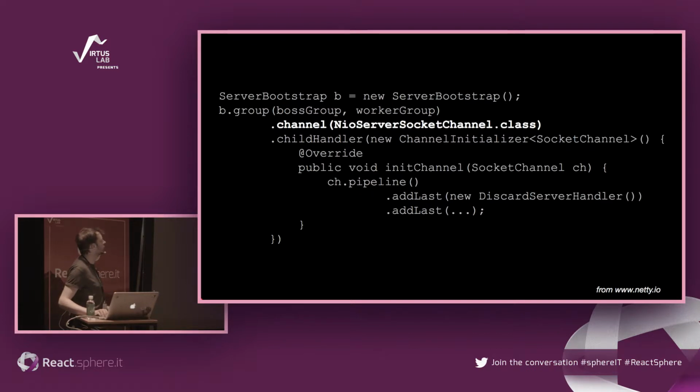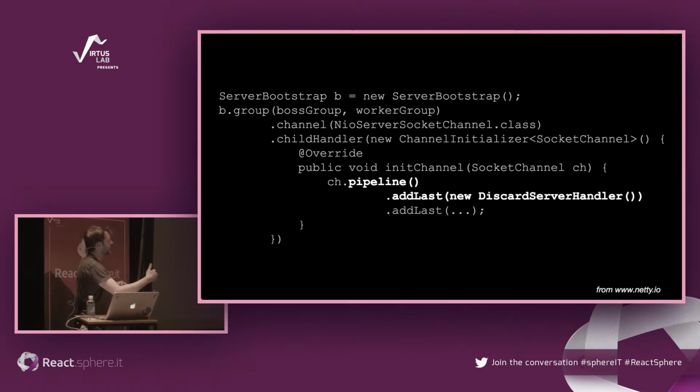You can configure various implementations of connections, and then you can decide what's going to happen on each connection that you receive by your server, and what steps are going to be executed for each request. So Netty has those building blocks: the connection, and then the pipeline, which defines steps for each request.